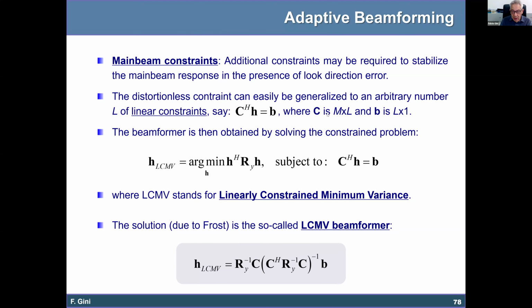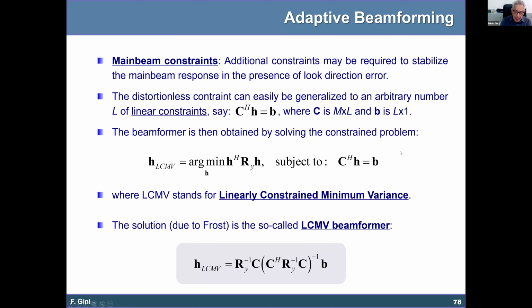So at the end, the matrix of constraints C is an M by L matrix. So M is the number of sensors, so it's the number of degrees of freedom, because it's the number of the elements of vector h, and L is the number of constraints.